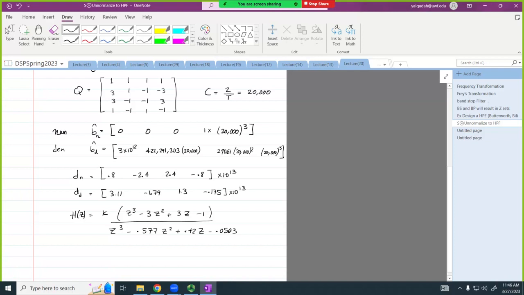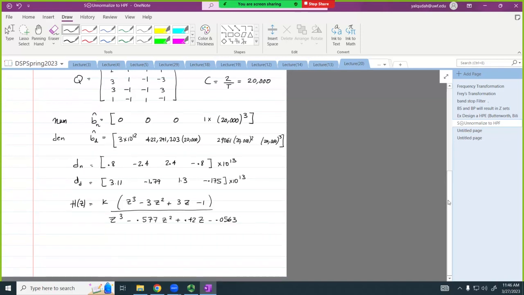We divide by the first entry to normalize it. So if we divide by 0.8, this is going to become a 3, and negative 1. And the same thing with the numerator.